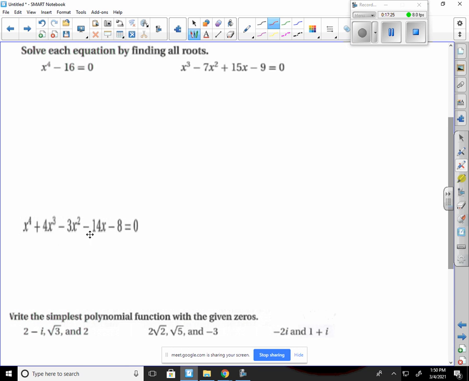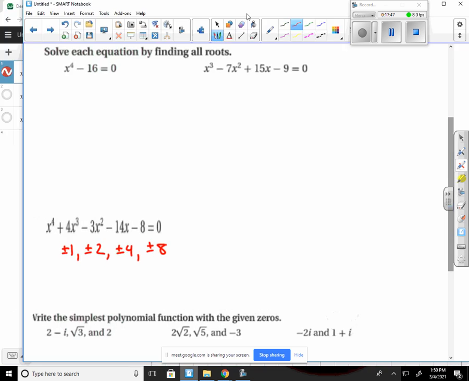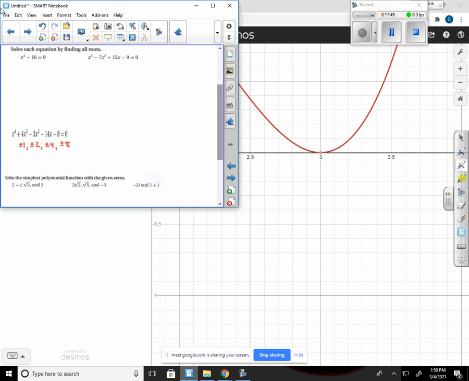So when we look at this one here, there's only 1 out in front, so it's the same process. Find your factors of negative 8. So it's going to be plus and minus 1, plus and minus 2, 4, and 8. I can put this one into Desmos.